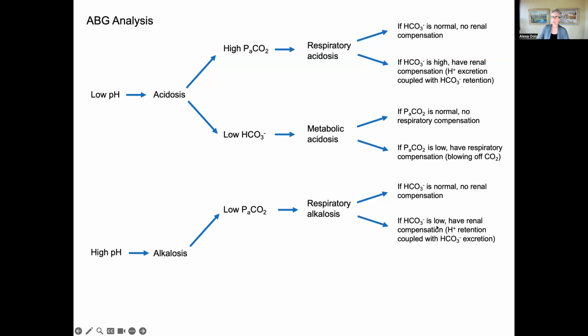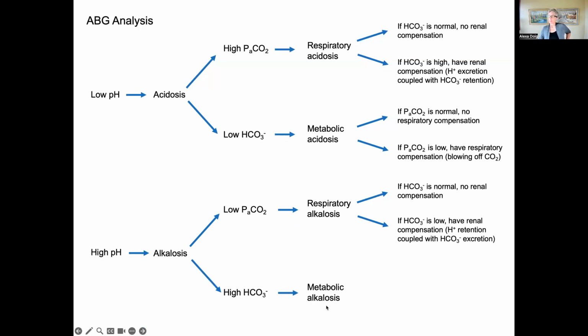Somebody who is chronically hyperventilating, maybe on a ventilator where the rate has been too high for too long, you may actually see renal compensation, but again, that's a really rare case. And alkalosis is tolerated a little better than acidosis anyway, so we don't get too excited about it.